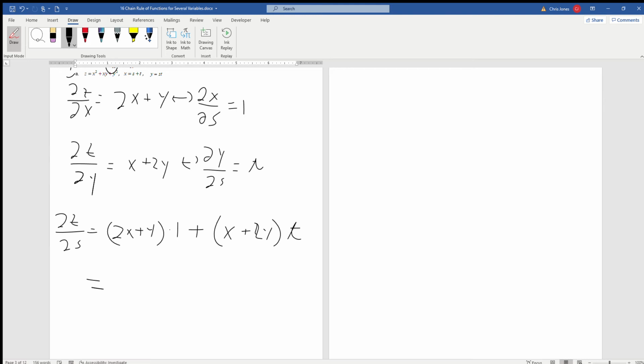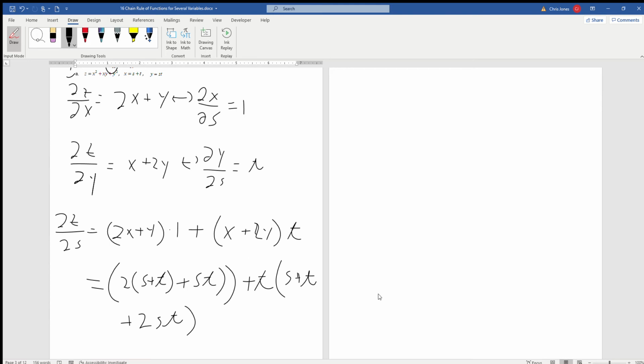So another way to write this is going to be (2(s plus t) plus st) plus t(s plus t plus 2st). And I'm sure if we wanted to, we could distribute and collect like terms to make it look a little bit better, but I think that's fine for what we need.